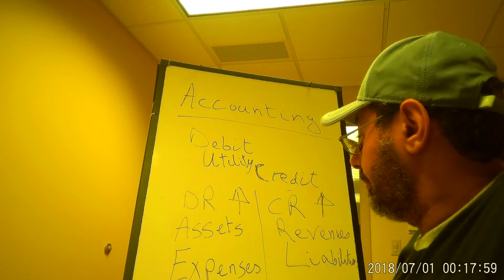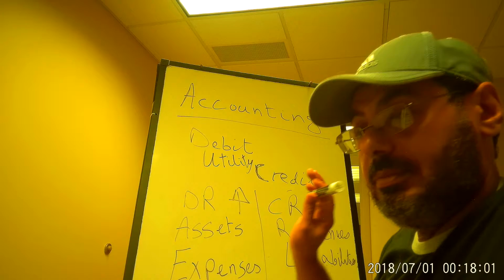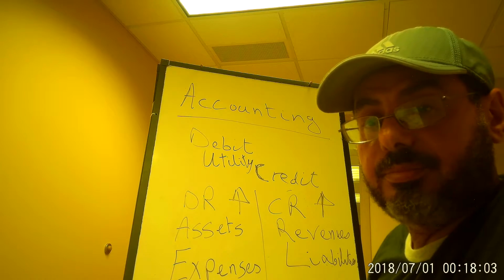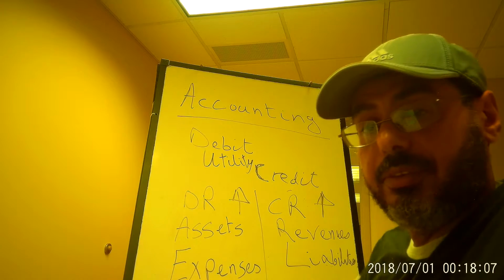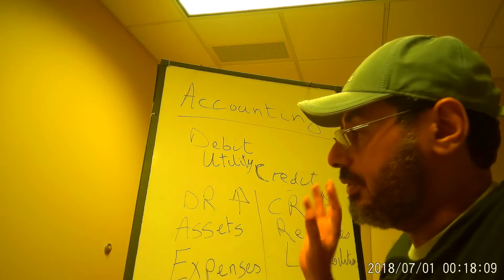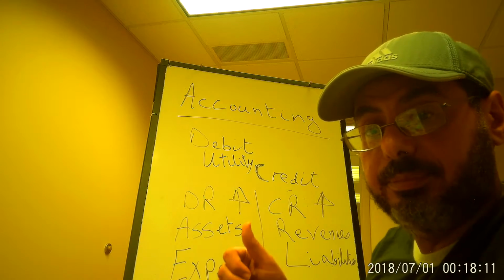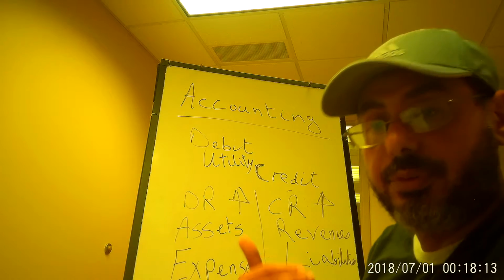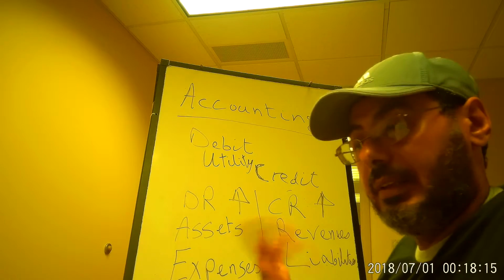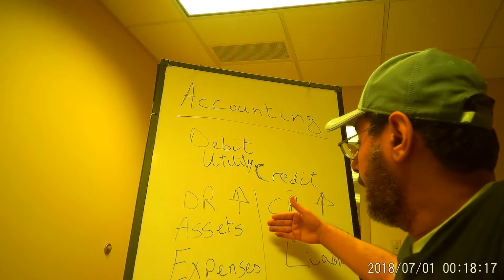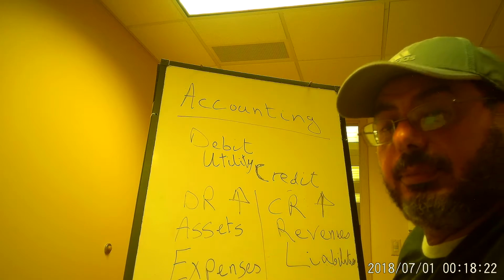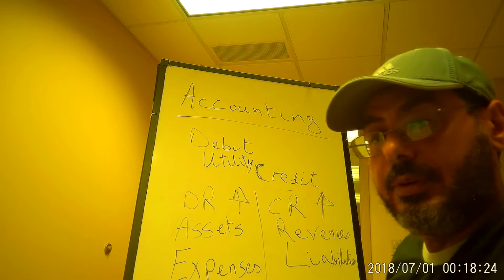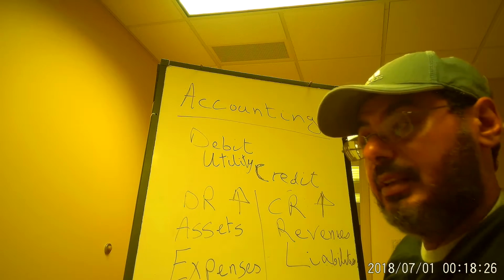So the best way to remember, and that will make sense, is that assets and expenses are always debited when they're going up. And of course, if they're going down, you're going to credit. Revenues and liabilities are always credited when they go up. And of course, if they're going down, you're going to debit.